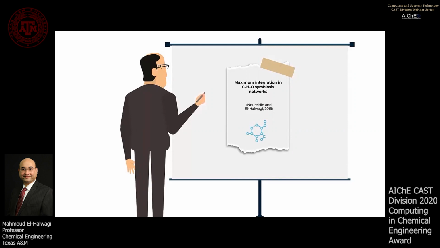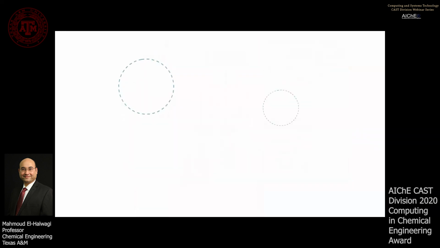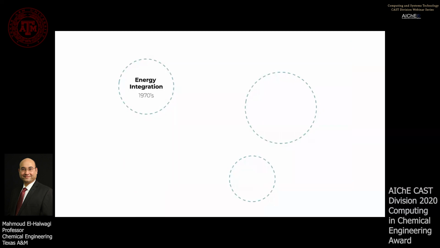Depending on the tracked objectives, process integration has evolved based on 3 categories: energy integration, which started in the 1970s and 80s, mass integration, which started in the late 1980s and early 1990s, and property integration, which started in the late 1990s and early 2000s.